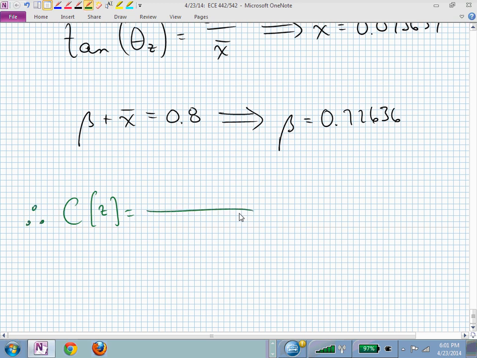It's PID, so we know that. We have a pole at 1 and a pole at the origin. We haven't yet determined what our gain is, but we have now located both zeros on top of each other at 0.72636. Is that clear? And that choice of those two zeros will allow our root locus to pass through those triangles.